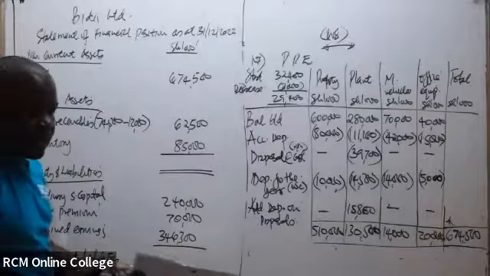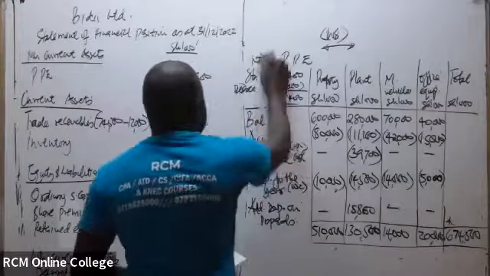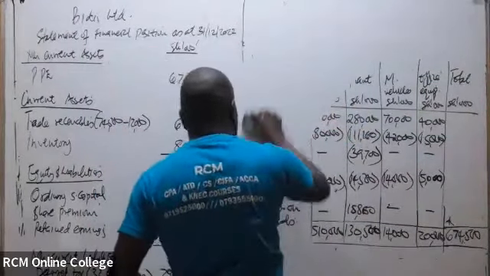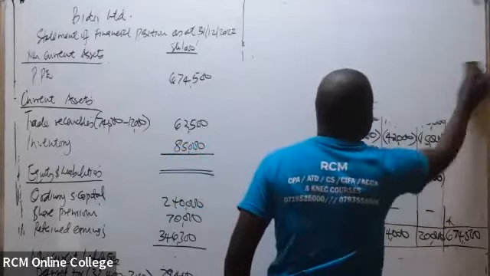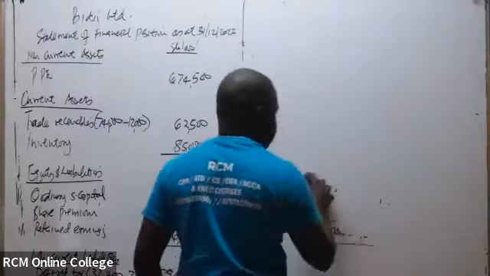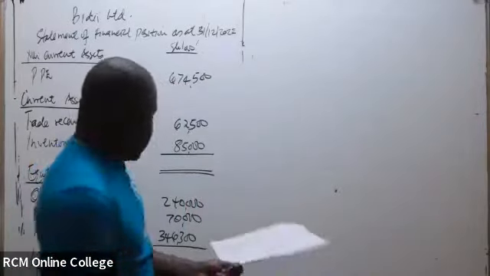So we don't have any other non-current liability. So it means straight away, we can go to the current liabilities. Let's go to the current liabilities.